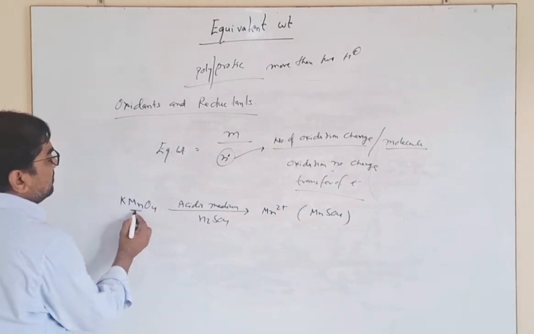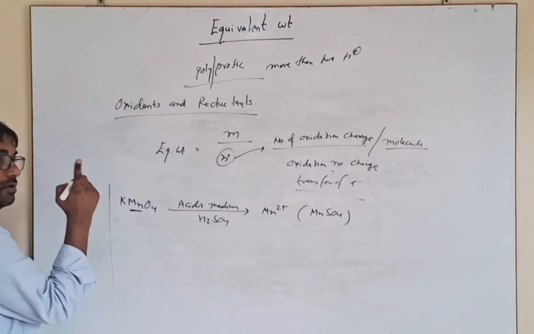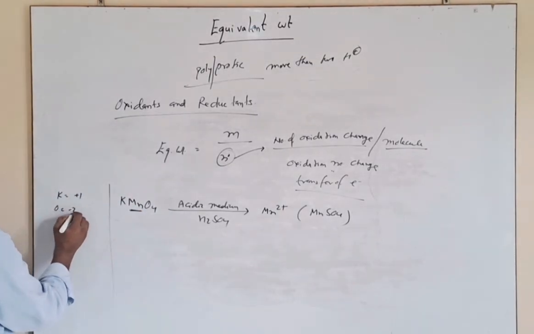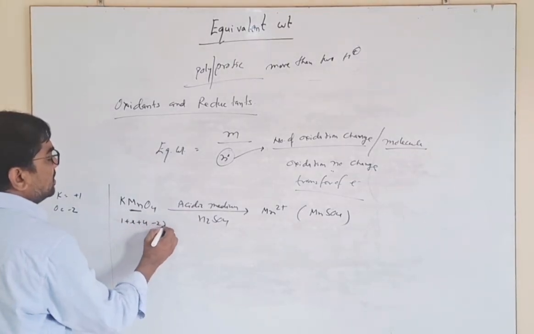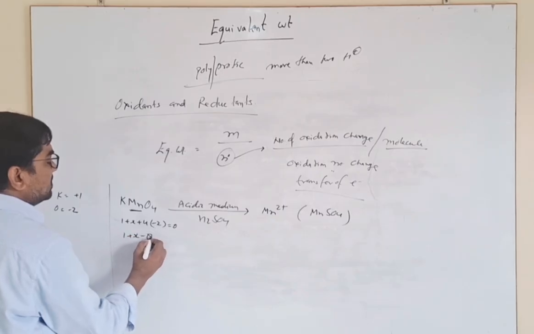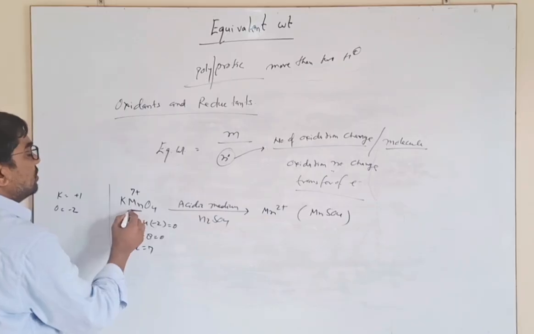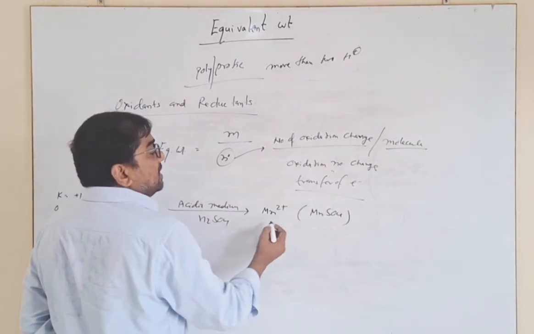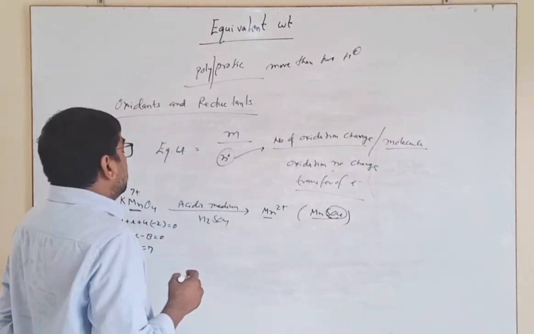For the central atom manganese, we know K is plus 1 and O is minus 2 in normal condition. So 1 plus X plus 4 times minus 2 equals 0. So 1 plus X minus 8 equals 0, X equals plus 7. So plus 7 is the oxidation number of manganese in potassium permanganate, while in MnSO4, since sulfate is minus 2, Mn becomes 2 plus.